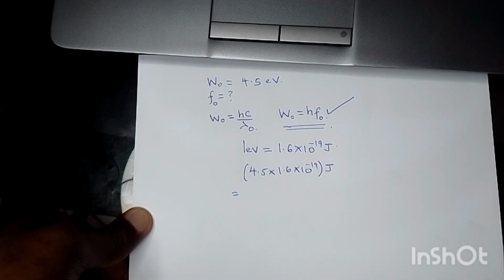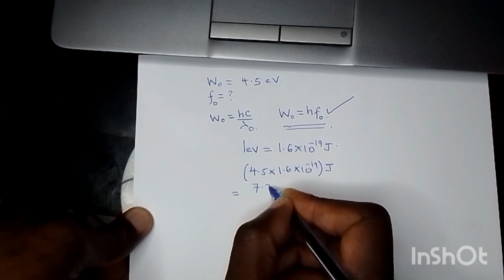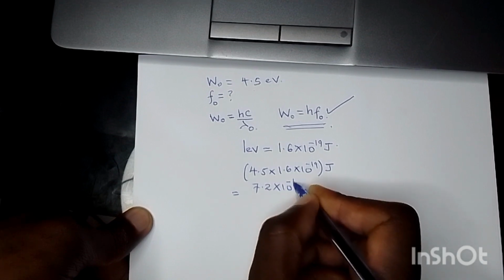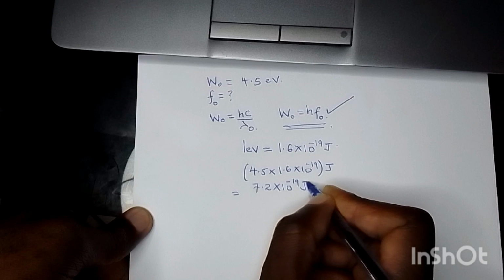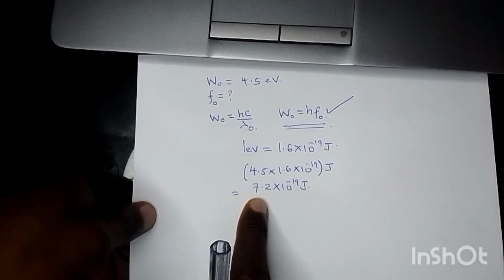So 4.5 multiplied by 1.6, that is 7.2. So I get 7.2 times 10 to power negative 19 joules.